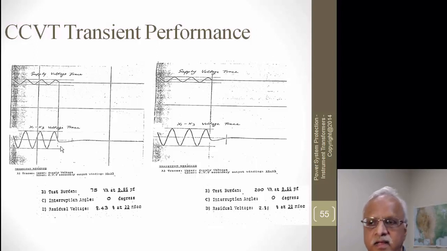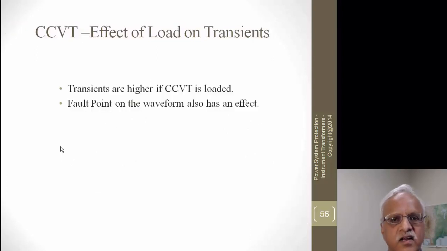So accordingly, we want to make sure that relays are designed to account for these transient performances and the errors introduced by the CT and the CCVT under transient conditions, and we take care of adjusting it so that the relay does not misoperate. What it means is you don't want unnecessary tripping in the system, so you adjust it accordingly.